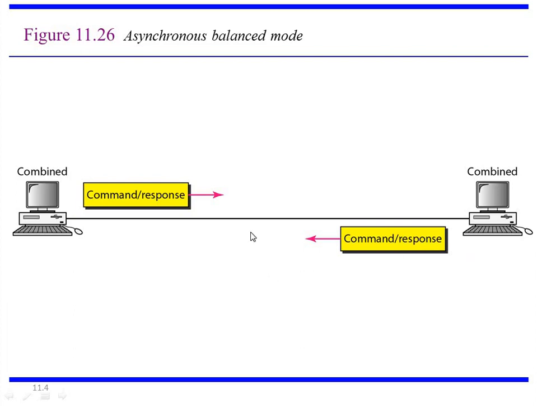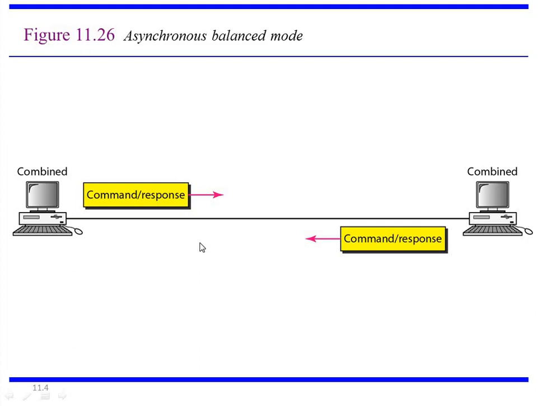That means both nodes operate in a bidirectional communication mode. Here terminal A will give the command and also receive the response, or also give the response. Similarly, terminal B also gives the command and provides the response to the command of A.